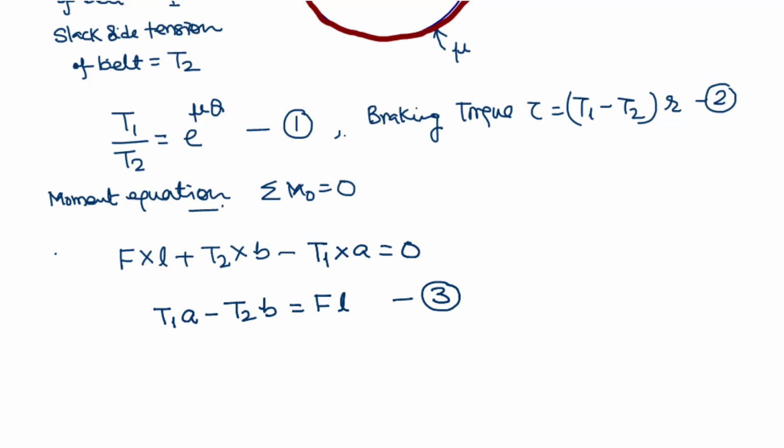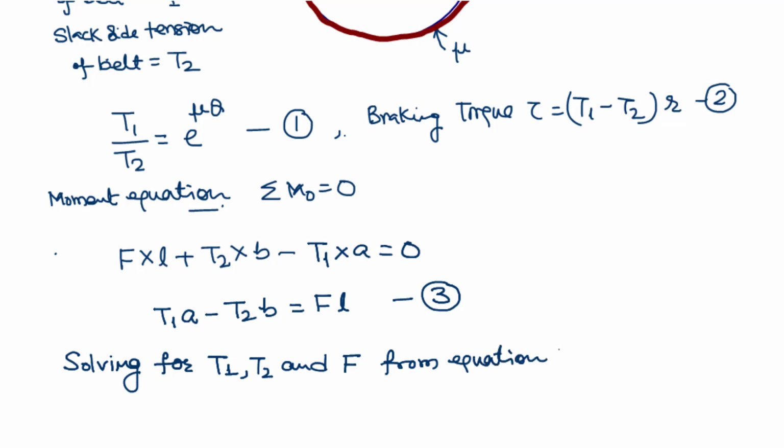From equations 1 and 3, we can calculate T1 and T2. Then F equals T1A minus T2B divided by L.